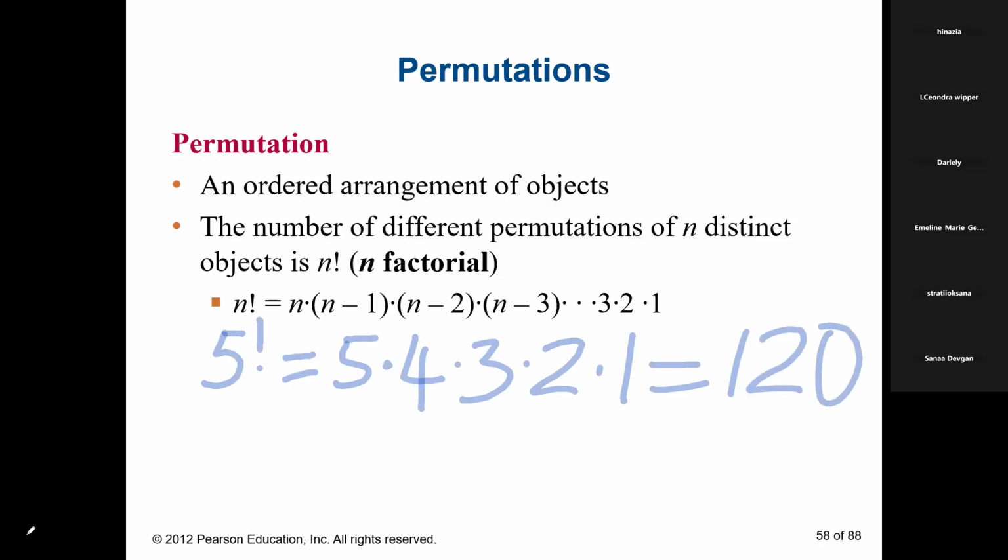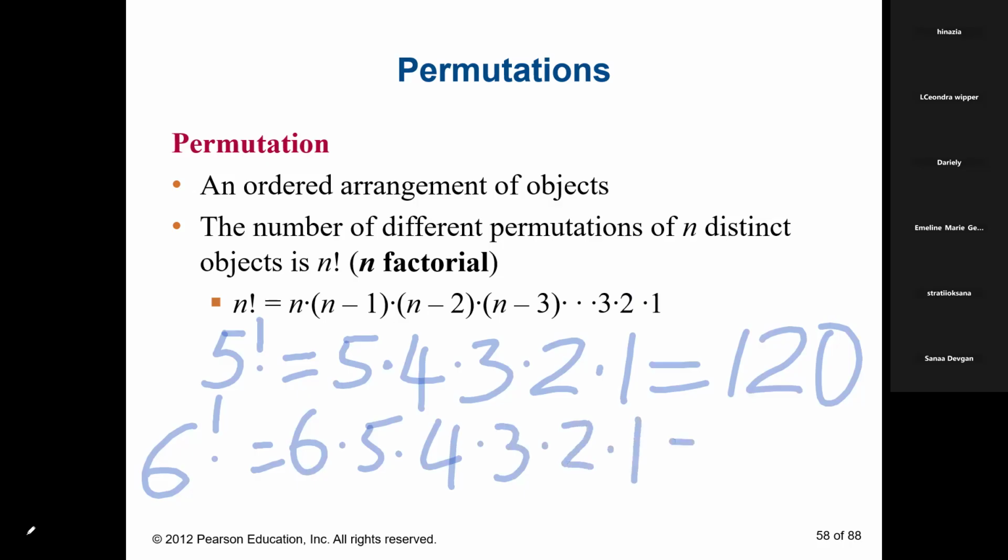It's just a number. 6 factorial would be 6 times 5 times 4 times 3 times 2 times 1. That's 720.